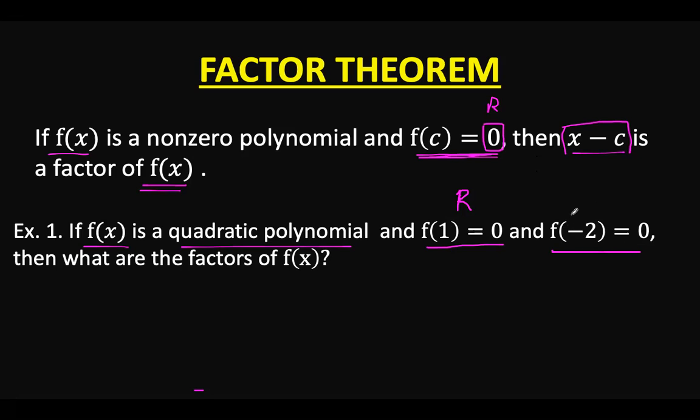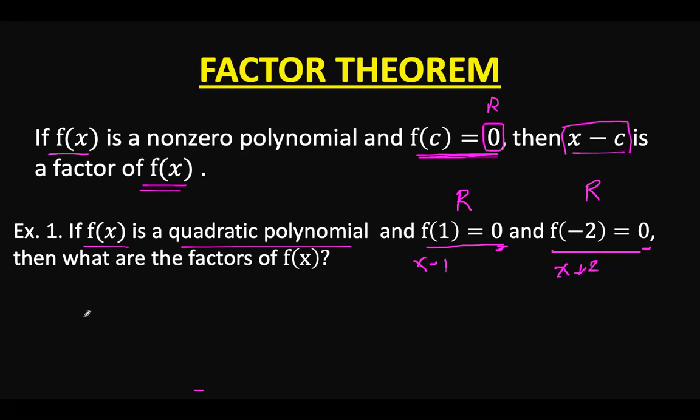So, ang gusto sabihin nito, remainder din si 0. Diba? Remainder is 0, remainder is 0. Paano siya naging remainder? When we divide this by x minus 1, and ito naman, when we divide f by x plus 2. Correct? So, since naging remainder siya, at ang result niya ay 0, sabi ng factor theorem, we could say that x minus 1 and x plus 2 are factors of the polynomial f of x.